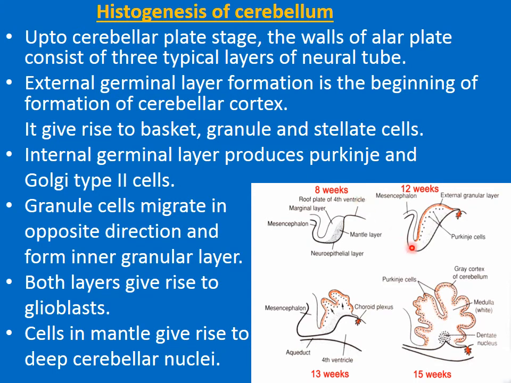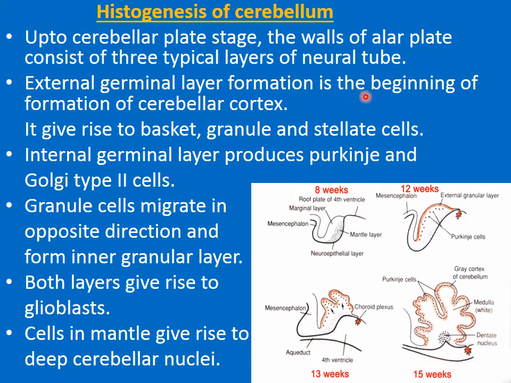Those neuroblasts move outward, they reach the mantle layer, but they do not stay there, rather they reach the periphery of the marginal layer, and here they form a new layer with the name of external germinal layer, as the newly formed layer in the most periphery of the marginal layer has the capability to produce new cells. That is why it is called the external germinal layer.